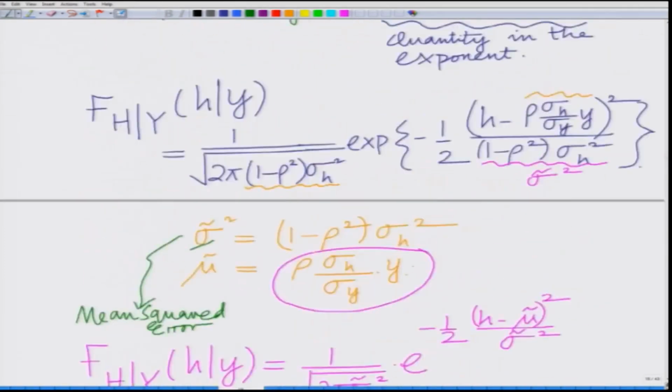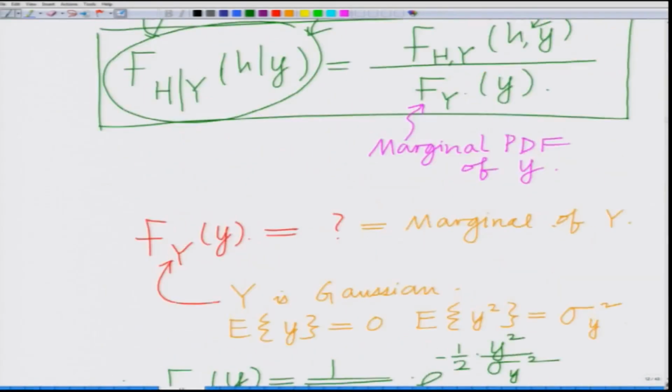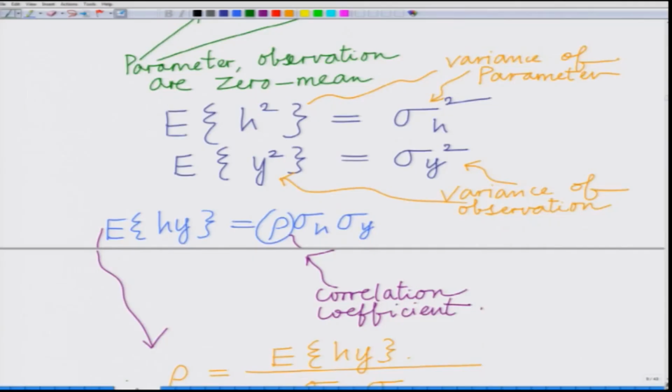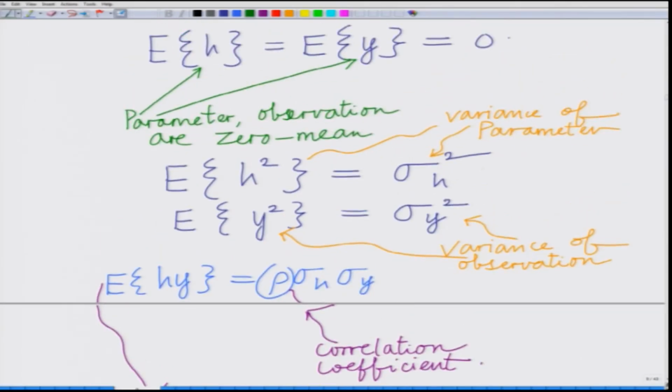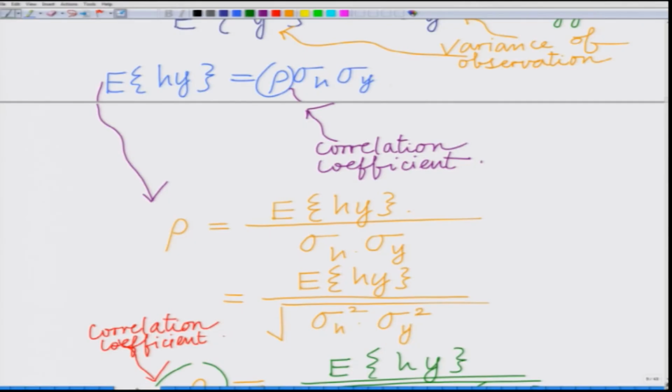If you go back to our nomenclature and look at our definitions, we have that expected h square equals sigma h square, let us denote this by r h h, expected y square equals sigma y square, let us denote this by r y y, just denoting the variance of h by r h h and the variance of y by r y y, and the cross correlation between h and y, expected h comma y, we denote by r h comma y.